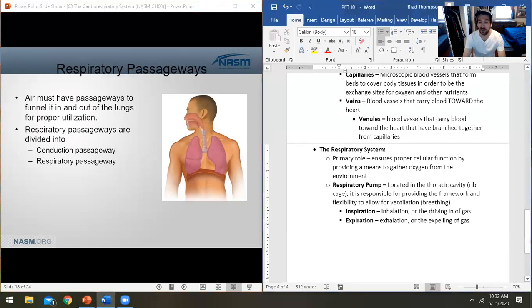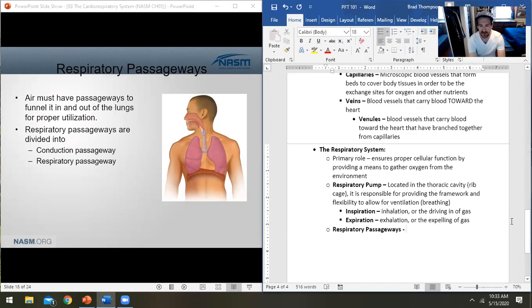Now, we have also got our respiratory passageways. And these are going to be the actual section where oxygen is able to travel.